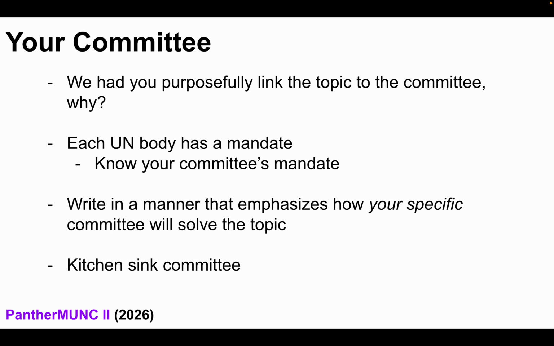But I chose to go under EcoFin because countries and companies are trading their carbon credits as if they're money or commodities. And so I really want to focus on the trade and the financial aspect of it. How can you convert carbon credits between different currencies and different organizations?